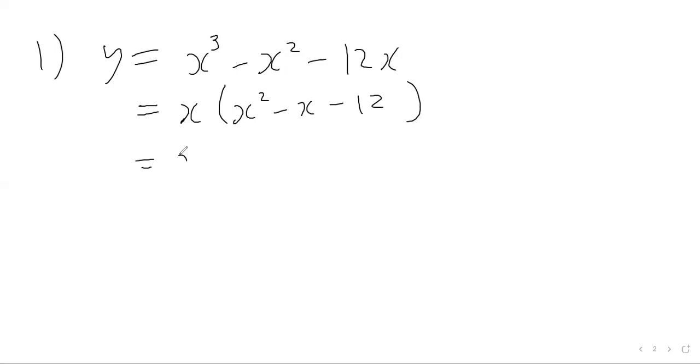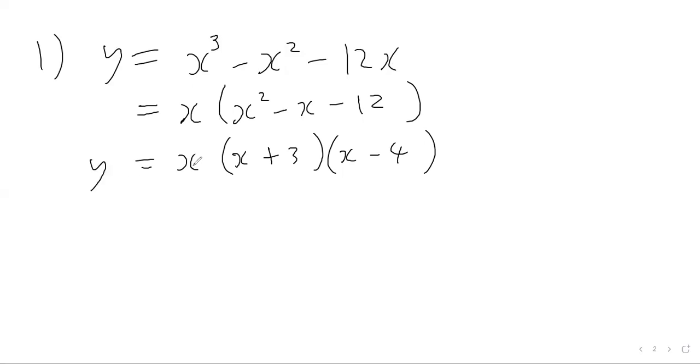Yes, this is a usual quadratic that we can factorize into two linear factors. We put an x in each bracket, then think about the factors of negative 12 that add up to make negative 1. That's plus 3 and negative 4, because 3 times x makes 3x, negative 4 times x is negative 4x, so you get a minus x, and you get a minus 12 from multiplying those two numbers together.